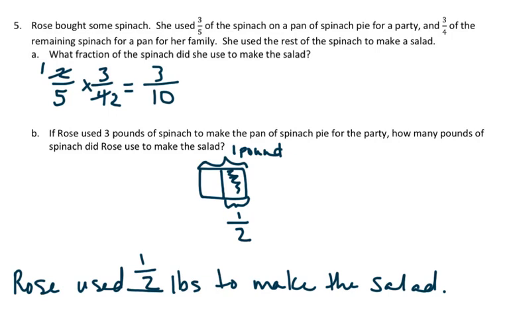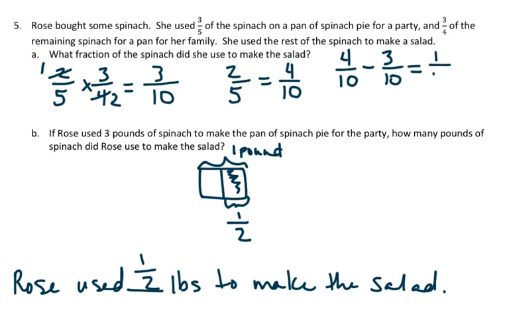So I know that she originally had 2/5 left over. I'm going to make that into an equivalent fraction of 4/10. So I had 4/10 left over, take away what she used for a pan for her family, which was 3/10, and then what she has left to make the salad is 1/10.